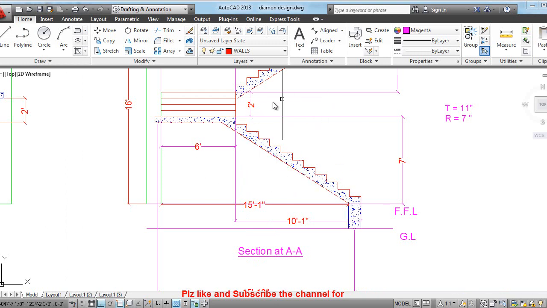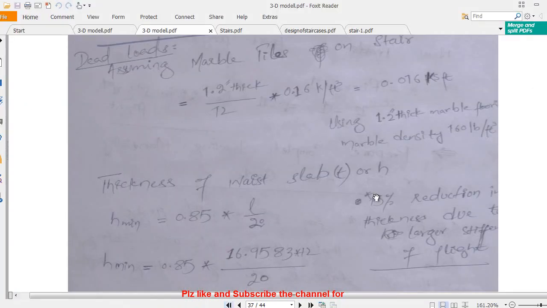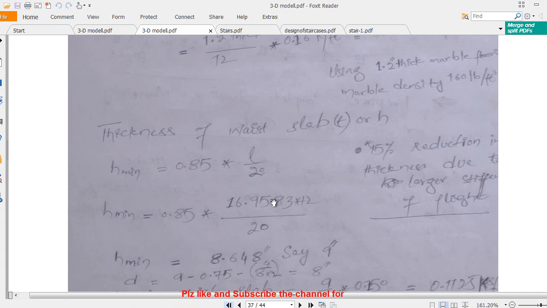Due to these stairs, the stiffness of the stair flight is more as compared to an RCC slab. So that is why we reduce the thickness of the slab in this case, for the stair flight by 15%.